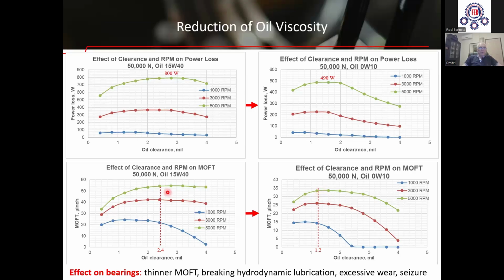If you compare it with the oil 15W40, you see that minimum oil film thickness reaches 50 micro-inch, so it is greater, and the lubrication regime with high viscosity oil is more stable. The effect of the low viscosity oil on the bearings is excessive wear and more probable seizure, due to more frequent events of metal-to-metal contact because of low values of minimum oil film thickness.